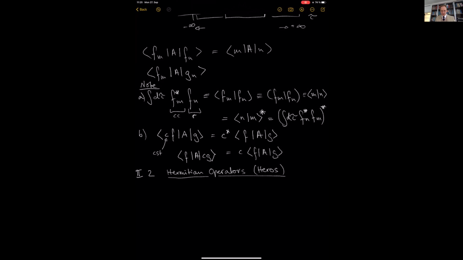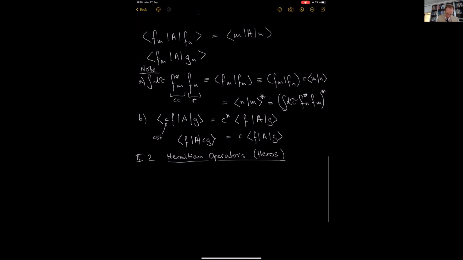I'll start with a remarkable statement which says that all QM operators are linear and heroes.